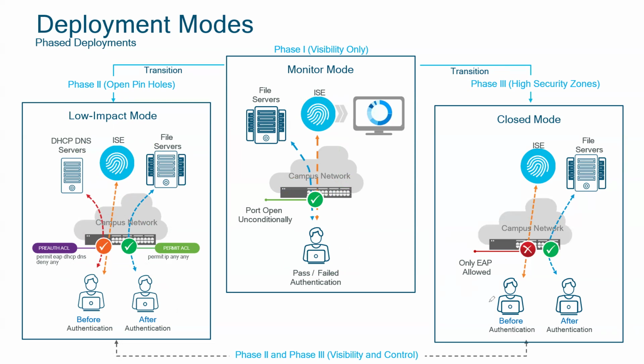So for example, there are methods like open, monitor, and closed. I want a secure infrastructure, so I will move to the closed mode. How is that? Somehow you are reaching the ISE.